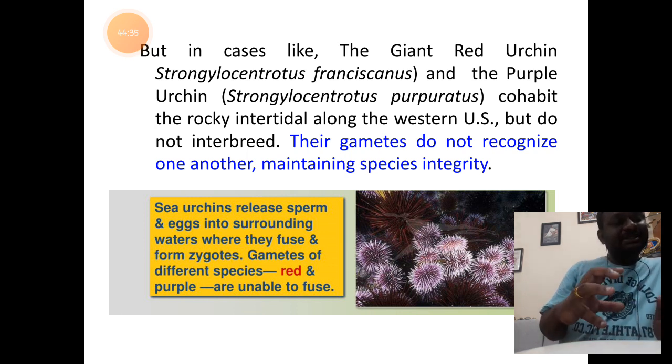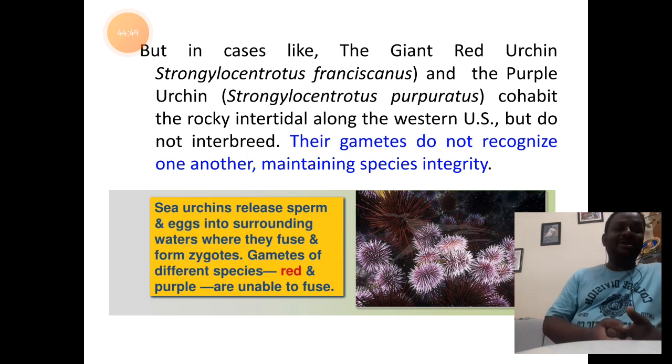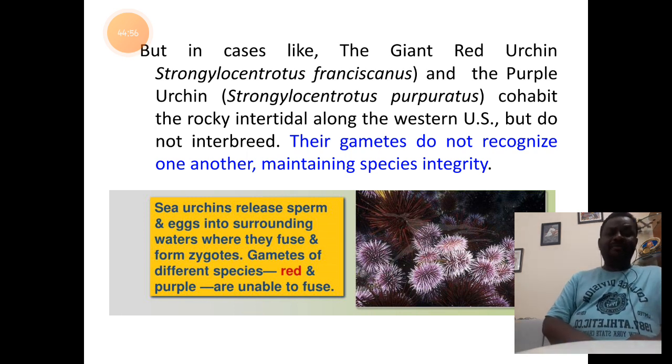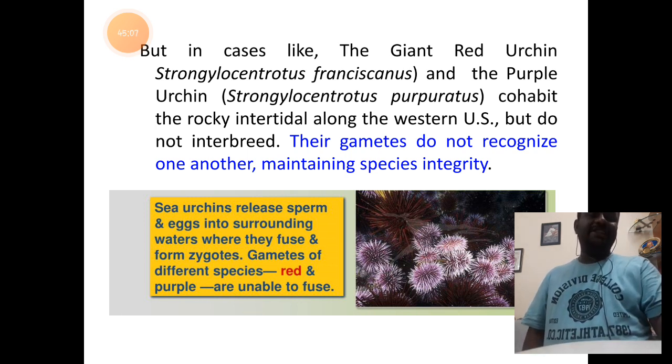They both live in the same area of the intertidal zone of western US, but they do not interbreed, meaning to say they do not make their gametes undergo fusion because their gametes do not recognize each other because they are species specific. So red and purple sea urchins show this variety of gametic mortality.